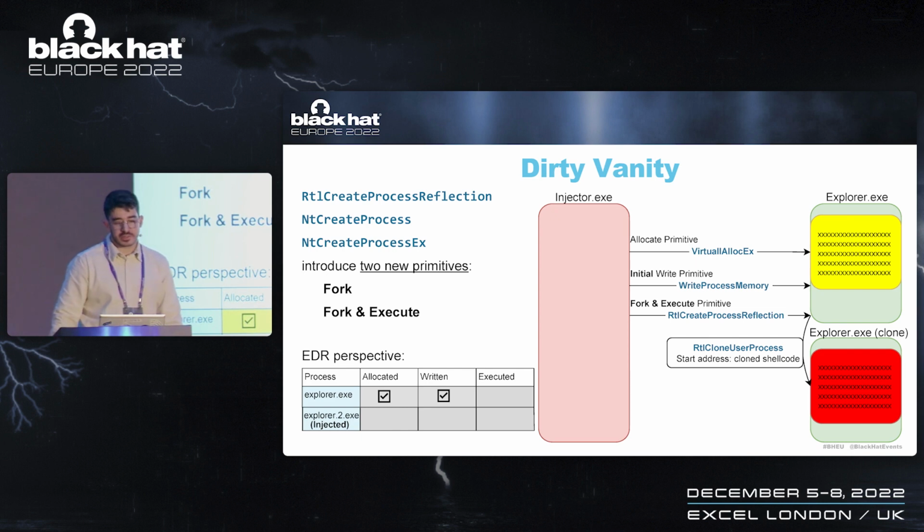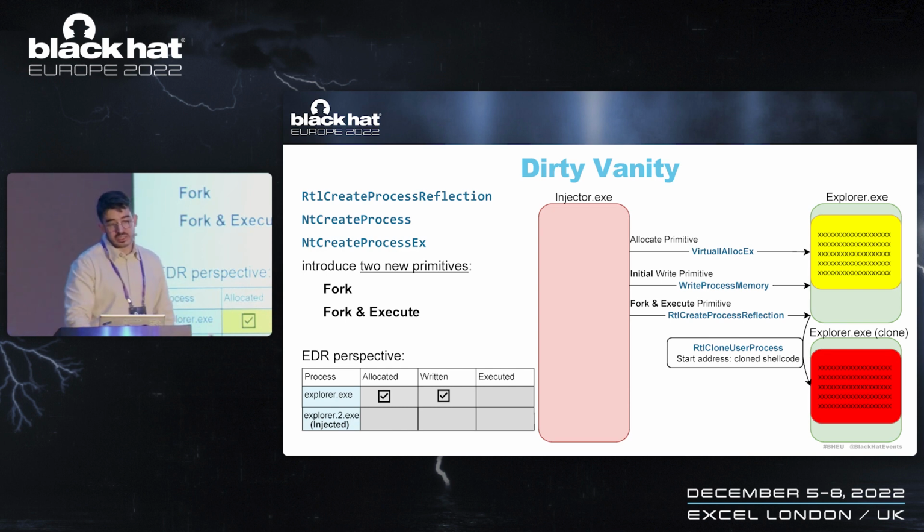And then for my third phase, I'm going to use a forking primitive. For the sake of simplicity of this demo, I'm going to use a fork and execute primitive, RtlCreateProcessReflection. When setting it with a start address to the address that I've allocated on the parent, the same address is going to be allocated on the cloned child of Explorer that's now newly created. And when I finish this API call of RtlCreateProcessReflection, this Explorer clone will already have my injection up and running, my shellcode already executing inside it.